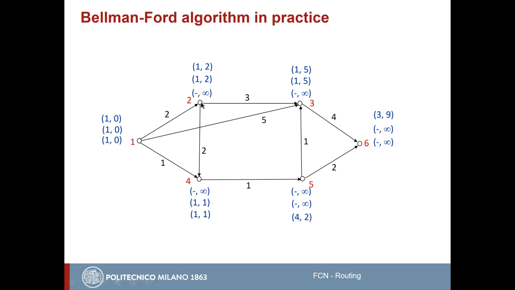The distance via node 2 was 2 plus 3, which is the direct link, equal to 5. The distance via node 1 was 0 plus 5, equal to 5.